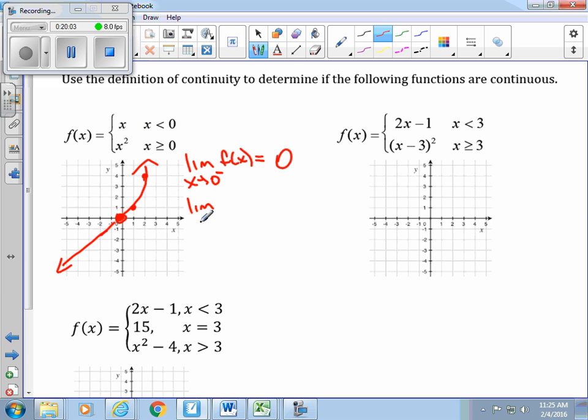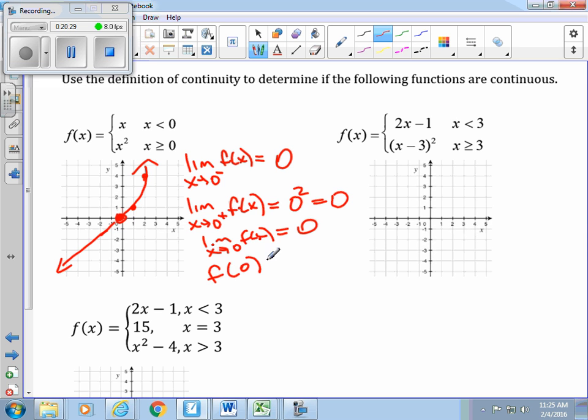The limit as x approaches 0 from the right, again, for this particular problem this is way overkill, equals 0 squared, which is still 0. So that means the limit as x approaches 0 exists, and it equals 0, right?